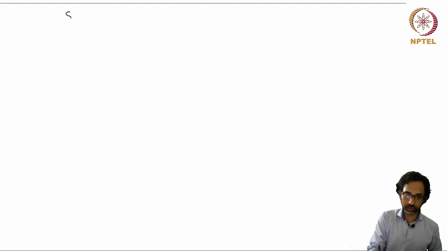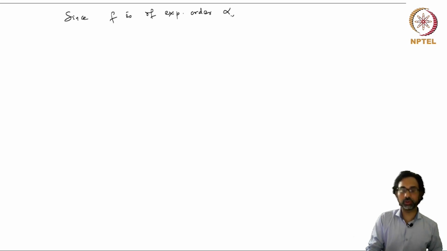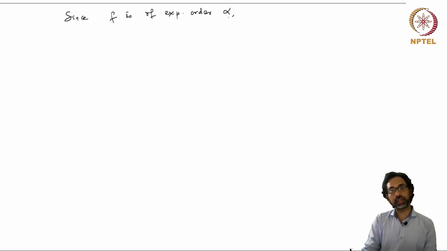So since f is of exponential order alpha, I am going to use this coefficient that appears in the right hand side of the inequality in the exponential function.